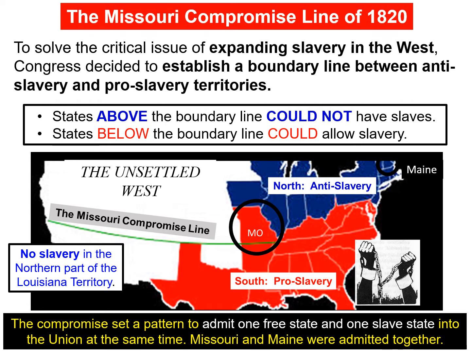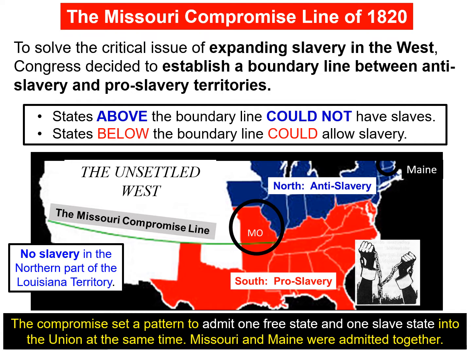But then the government also said, we need to have a pattern of how we add states into our union. If we have a free state, then we've got to add a slave state. We've got to do it at the same time.